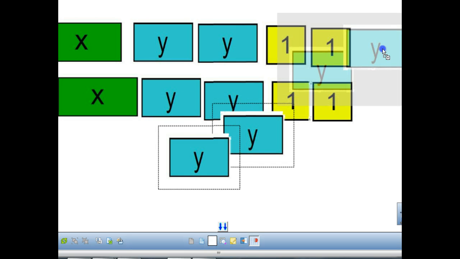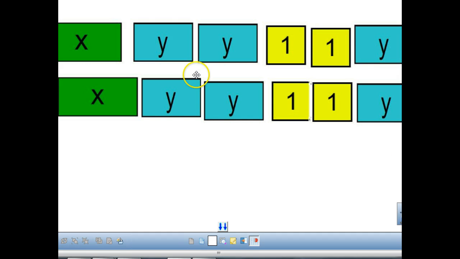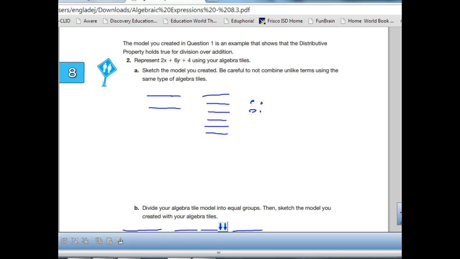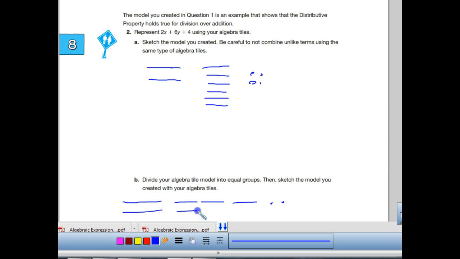Anyway, you get the idea. I'm adding a y over here, aren't I? I'm adding a y. Sorry. So I have a total of 3 y's. And then, I know that doesn't look any shorter than my x's, does it? And then I had 2 over here. So here's my x, here's my 3 y's, and here's my 2.